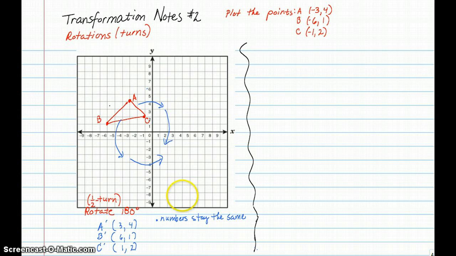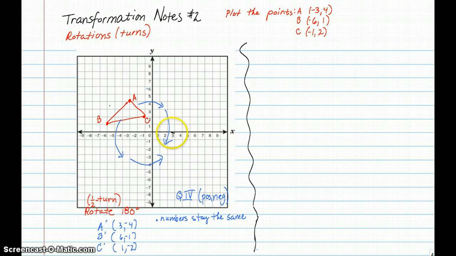So now you're going to be in quadrant 4, and we know the pattern for quadrant 4 is positive, negative. So we're going to go ahead and leave all of the x coordinates positive and change all the y ones to negatives.